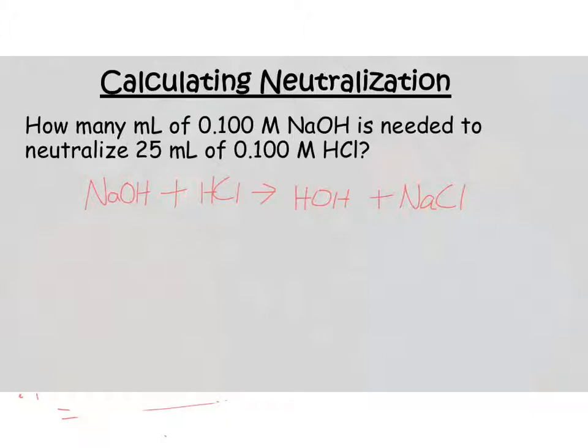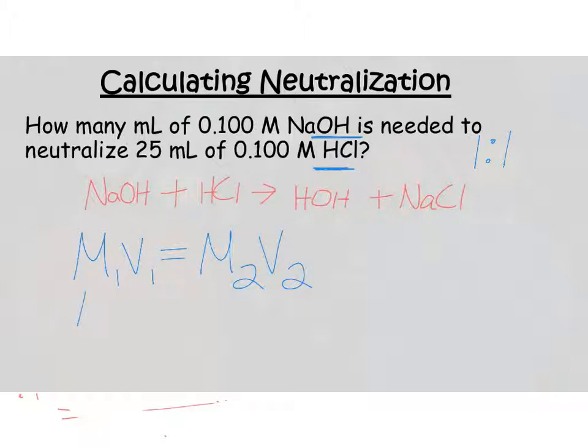Okay, if your ratio of H and OH is a 1-to-1 ratio, okay, so that doesn't necessarily mean you only have one of each. It means the ratio is 1-to-1. So even if you had like 2 OHs and 2 Hs, that's still 1-to-1, okay? If that is the case, and only if that is the case, you can use this little shortcut called M1V1 equals M2V2.